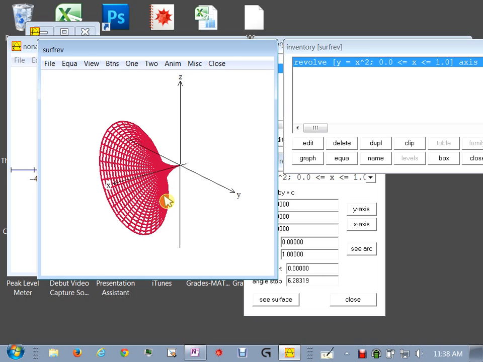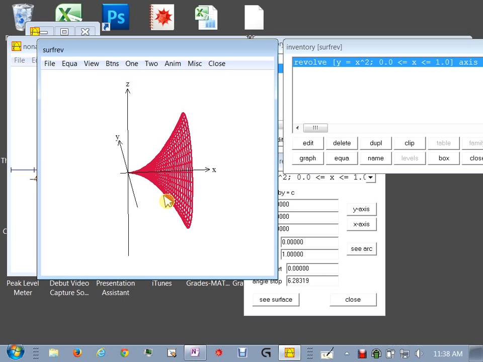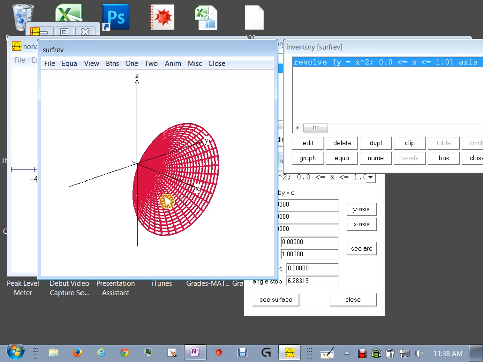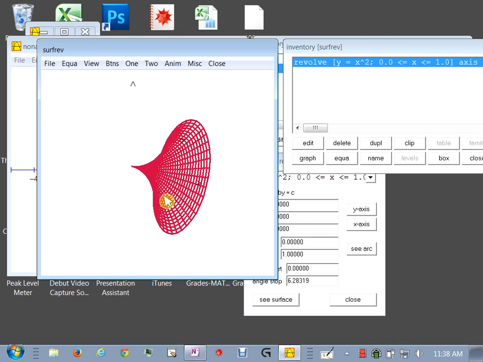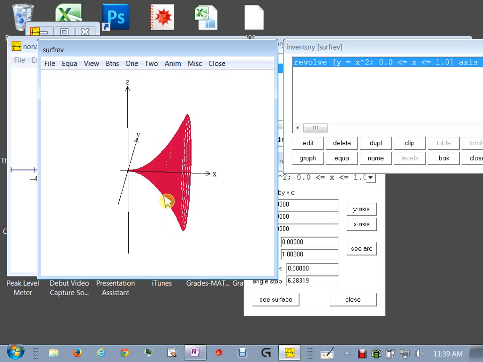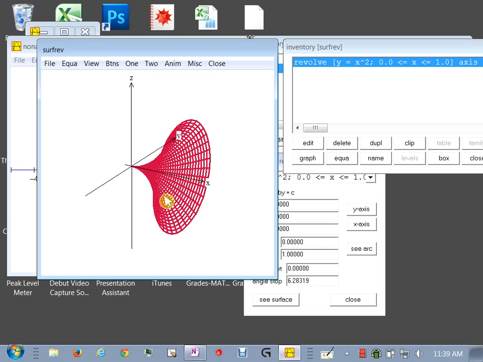Oh, come on. That might help. You see that? That's the parabola. When I rotate it around, it creates this. Now, it's supposed to be solid inside, all right? This right now is just getting the outside surface, which later on, would it be reasonable to ask what the surface area of that is? We will be able to do that, but it turns out it's harder to find the surface area than it is to find the volume. So wait, it'll come. Do you see it though, at least?